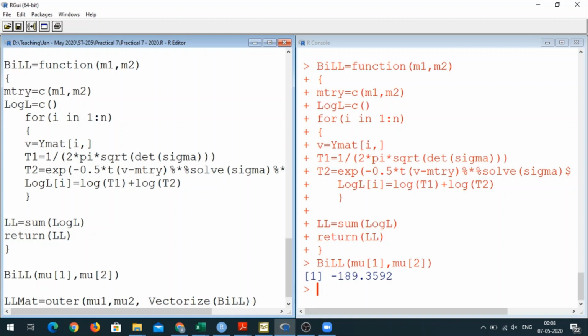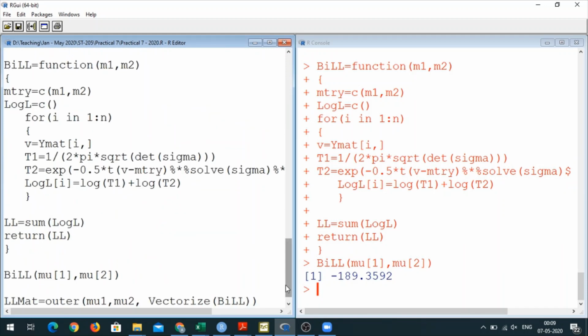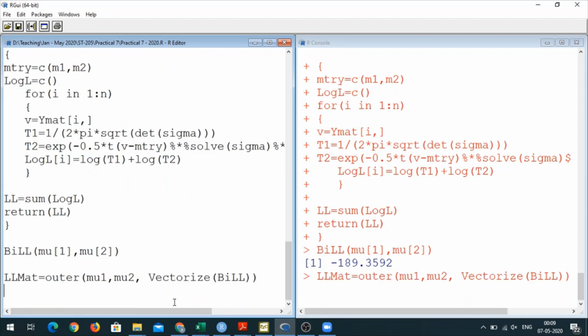You remember why we want to vectorize? We want to vectorize because we are passing mu1 and mu2 as vectors, but we want the likelihood to extract single elements from them. So this is going to be ideally a 100 cross 100 matrix.